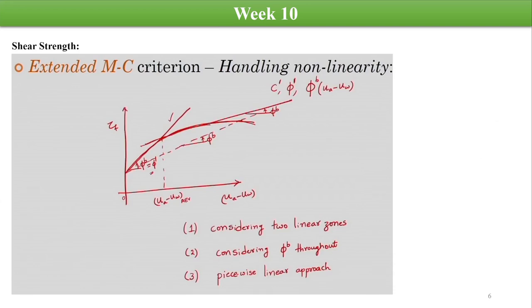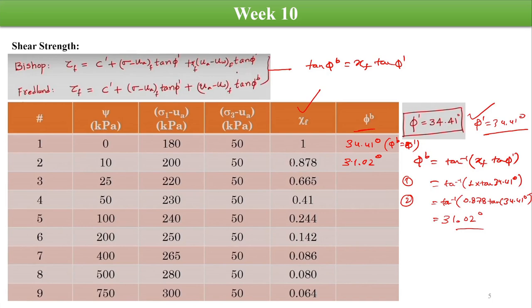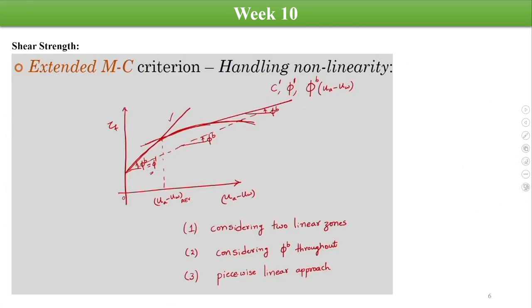So to take care of this non-linearity in the value of phi b, several methods have been proposed, and three methods are proposed here. First, considering two zones, the first line in the first zone and the second line in the second zone, and then calculating two phi b values. The second one is by considering the lower phi b throughout, which is a more conservative approach.